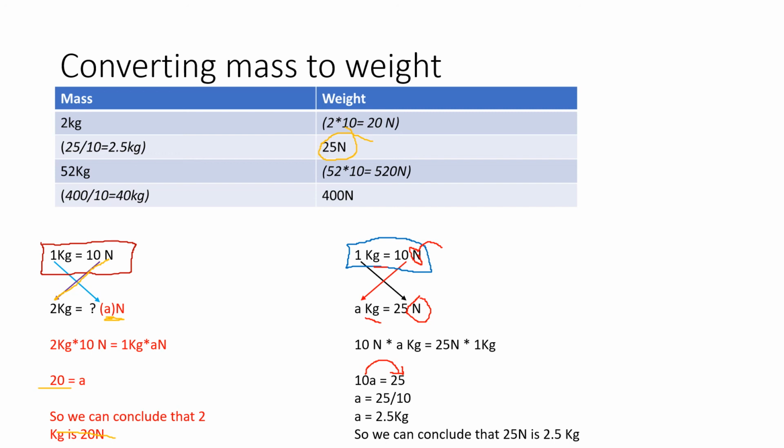That is why 25 is divided by 10. So A is equal to 2.5 kilograms. So we conclude that 25 newtons is actually 2.5 kilograms. Simply what you should do is when you are converting kilograms to newtons, you multiply. When you are converting newtons to kilograms, you divide. I hope you understood it.